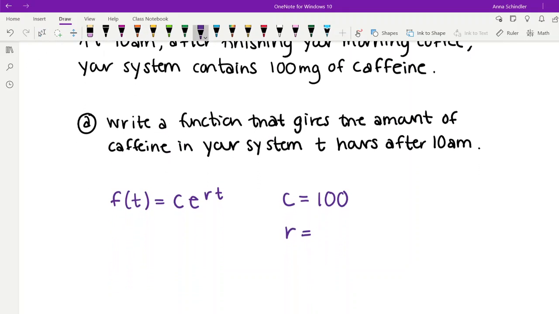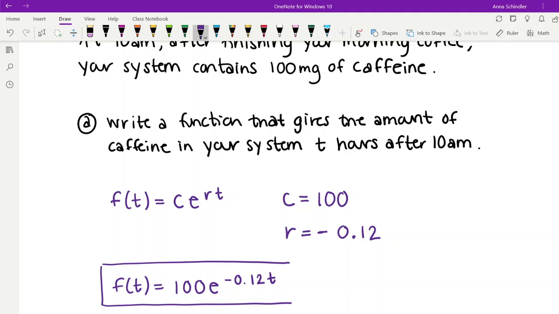And so 12% as a decimal would be 0.12, or you could do 12 over 100, and that is 0.12. Now remember that when we have exponential decay instead of exponential growth, we need to include a negative sign. And we'll see why that is in a second. So let's write down our function. We have 100 times e to the negative 0.12t.